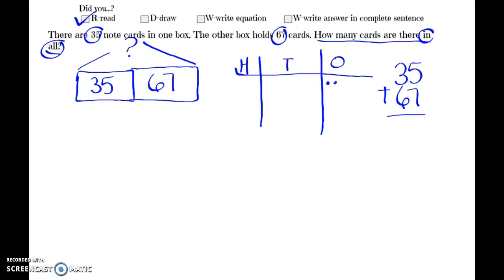So there's 1 one, 2 ones, 3 ones, 4 ones, 5 ones. Next I have 3 tens. So I have 1 ten, 2 tens, 3 tens. Pause your video and add the number 35 to your place value chart.